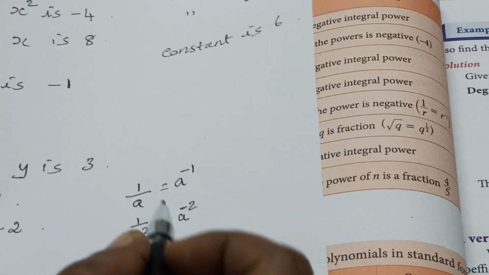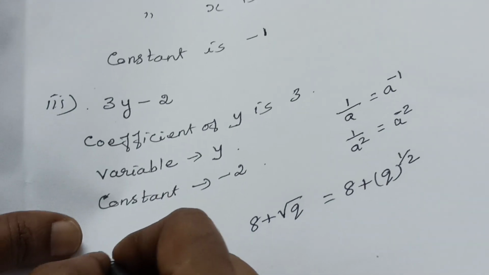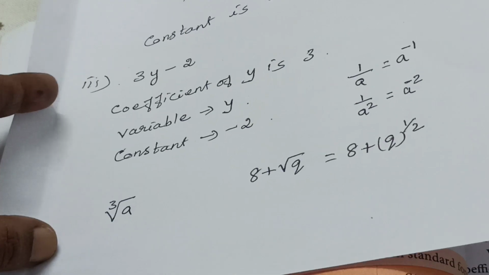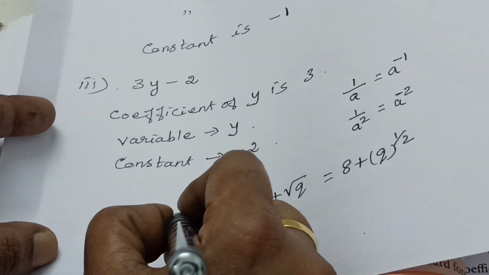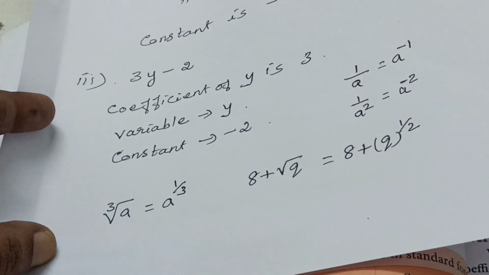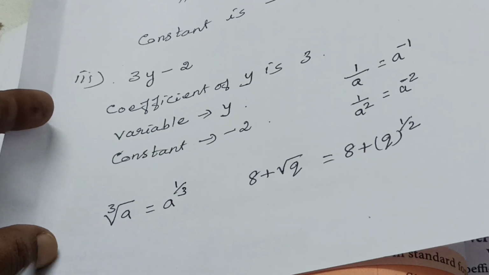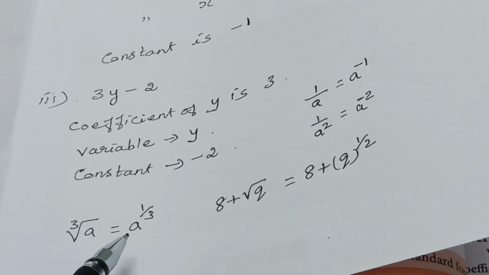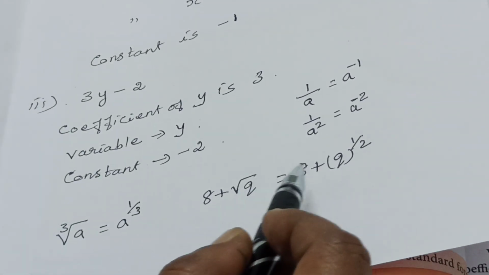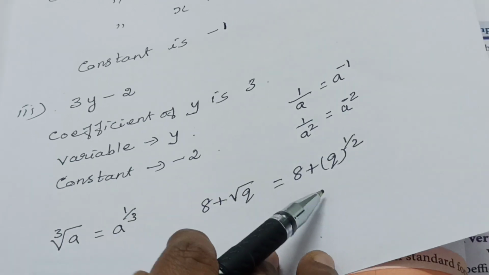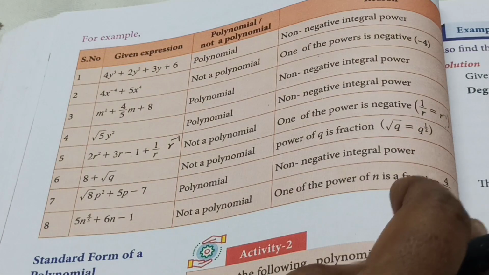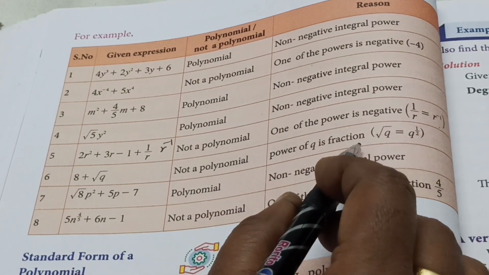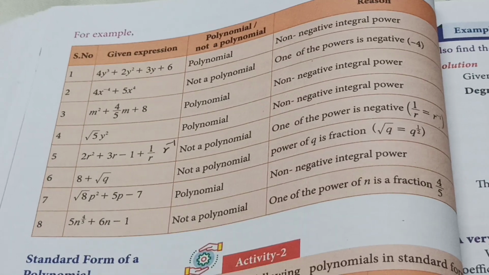Q power 1 by 2. Suppose cube root of a. How we can write cube root of a? A power 1 by 3. Okay. Cube root of a is what? A power 1 by 3. Have you understood? Like that, here also 8 plus q power 1 by 2. Okay. Then power is fraction. Okay. Power of q is fraction. So it is not a polynomial.